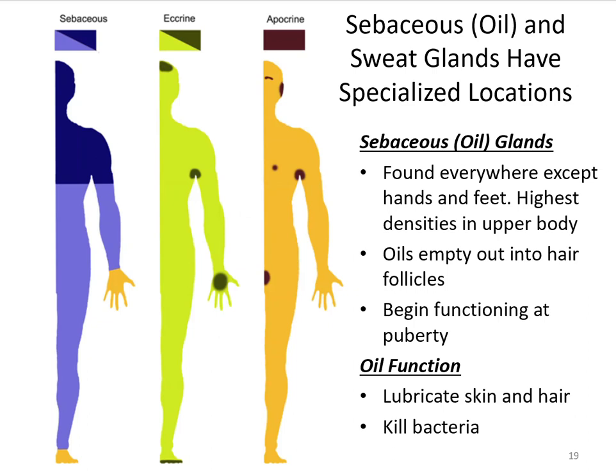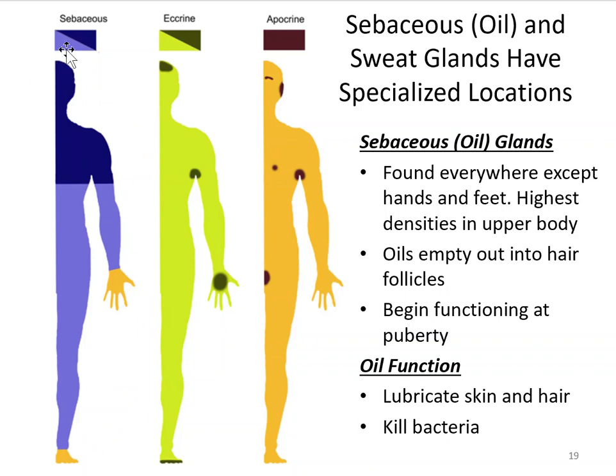So sebaceous glands are oil glands. Oil glands, or sebaceous glands, have specialized locations. We have different kinds of body maps here. On the very left-hand side, we have a map of the sebaceous glands.